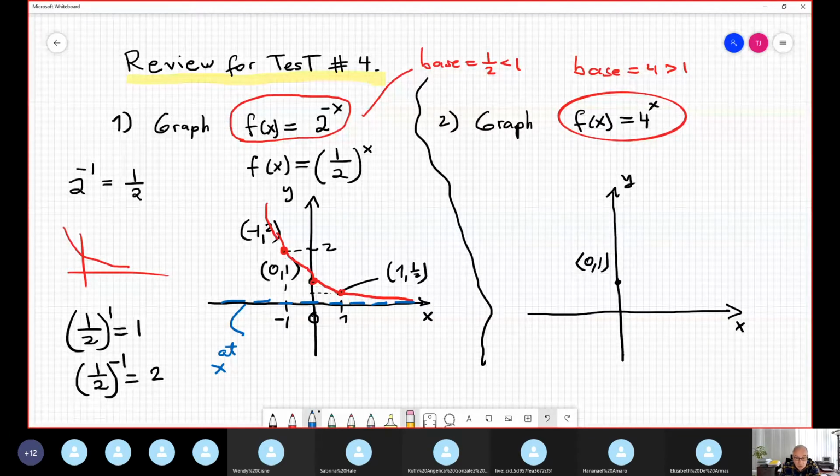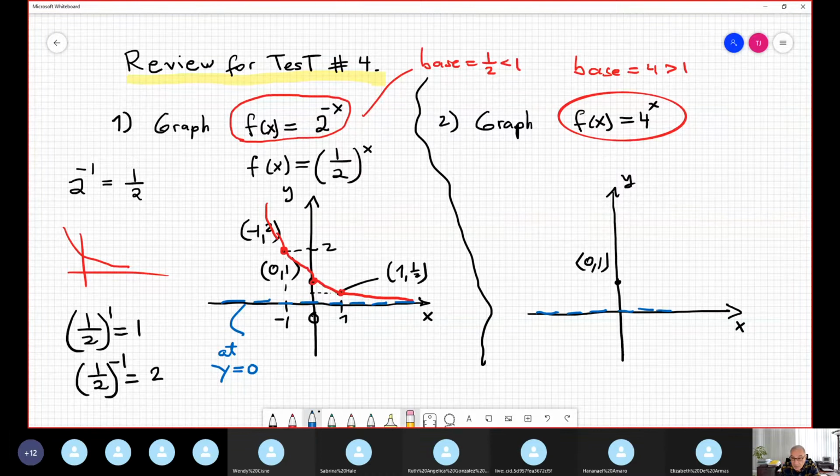This is an important piece of information: horizontal asymptote.